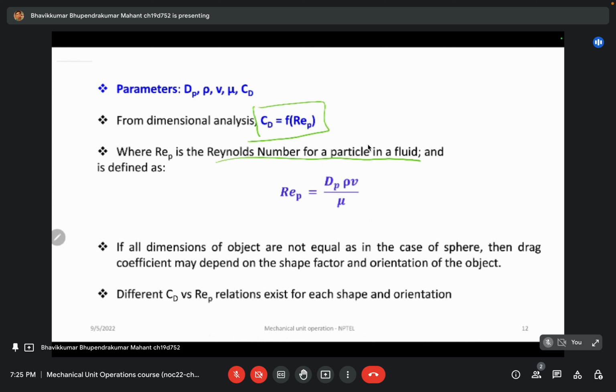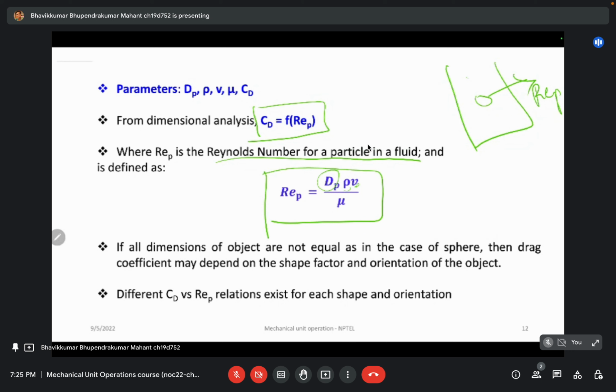We know the definition of Reynolds number is density, velocity as well as particle diameter divided by the viscosity of the fluid, rho v dp by mu.